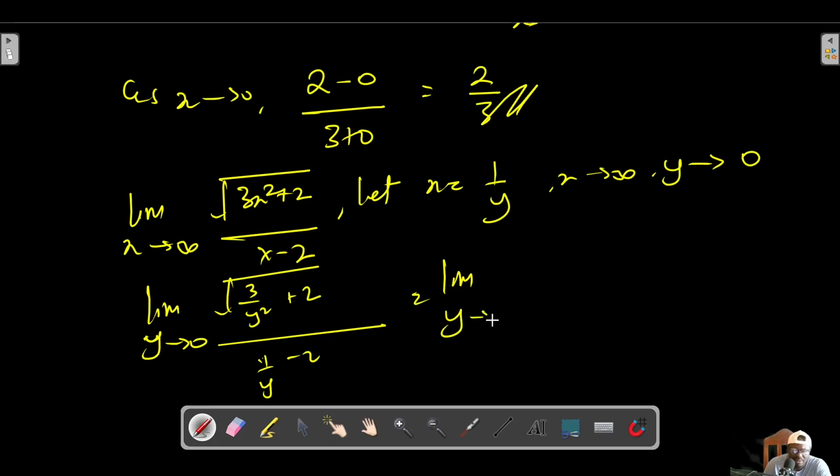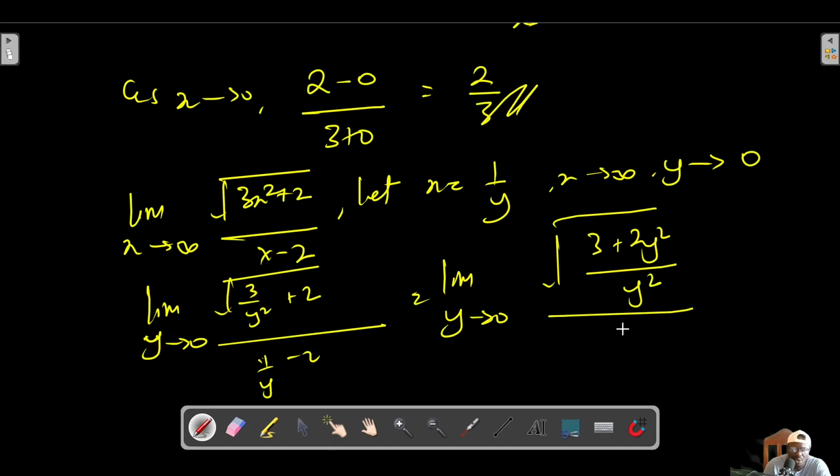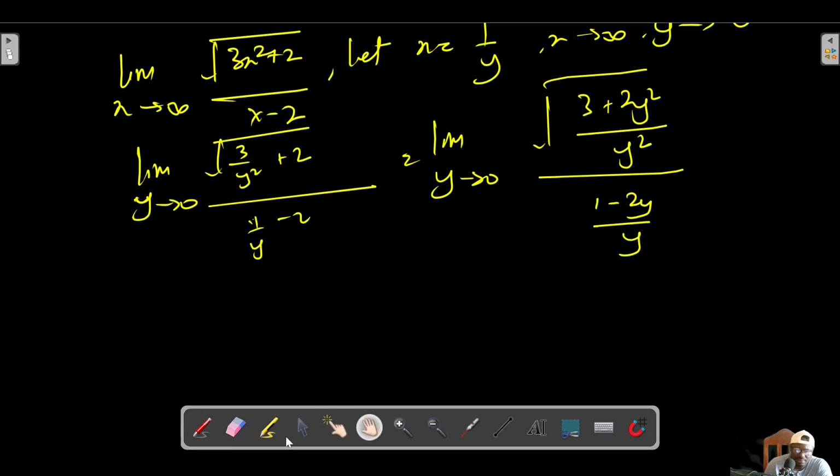So we end up with 3 plus 2y squared divided by y squared, all over 1 minus 2y divided by y. From here, we can simplify.